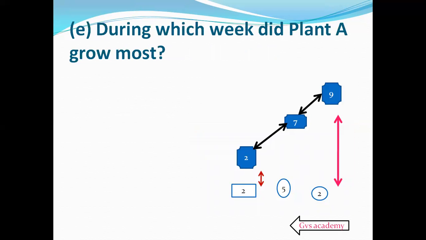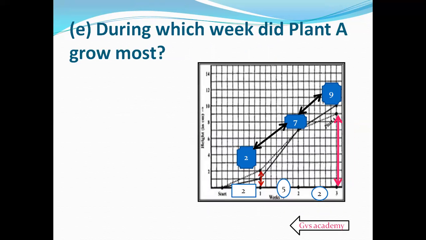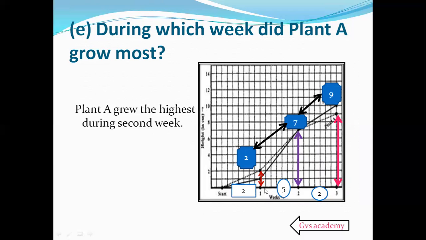Now, during which week did plant A grow the most, they are asking. So how much is plant A growing? Now, see the graph. Plant A grew the highest during the second week. Now you can see the plant at the first week has grown to 2 centimeter.